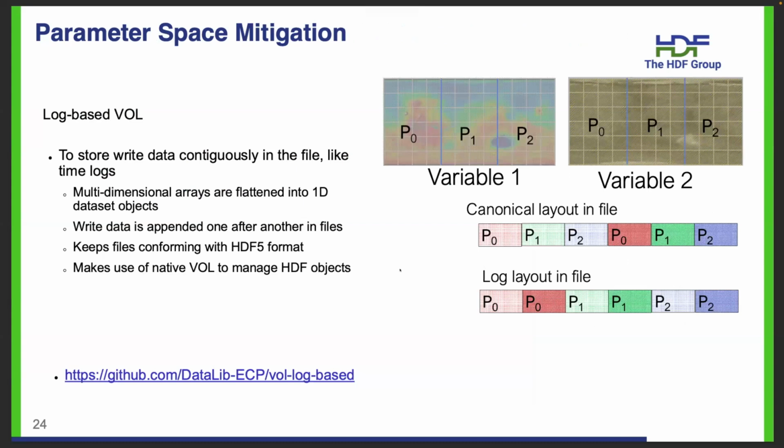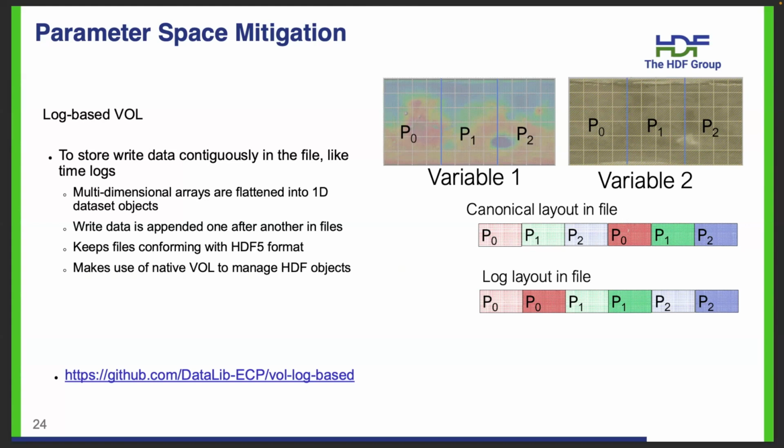There are efforts, of course, to minimize that effect, and one of the ways introduced was the log VOL. Basically, say you have variable 1 and variable 2 split out over, for example, these 3 ranks. By default, when you write these out in HDF5, one rank will write its P0 data, then skip what rank 1 and 2 will write, and then write its data again at the next array position.